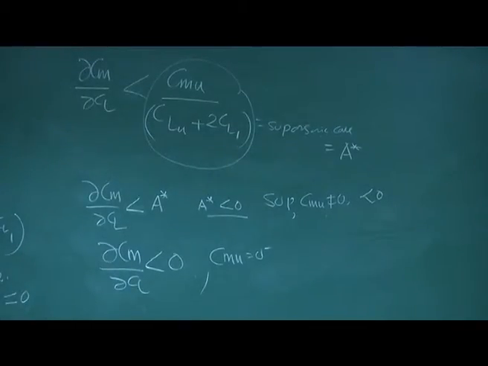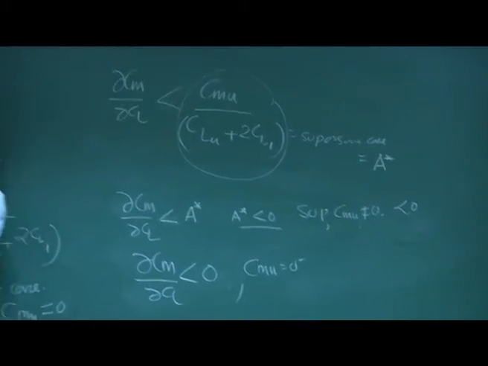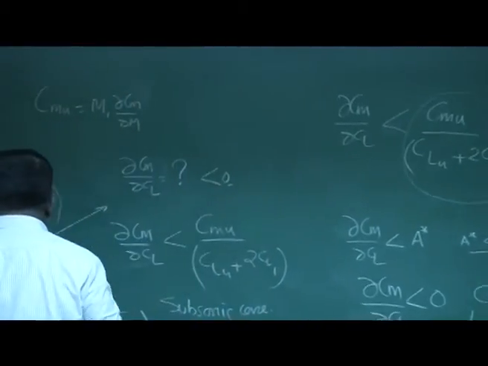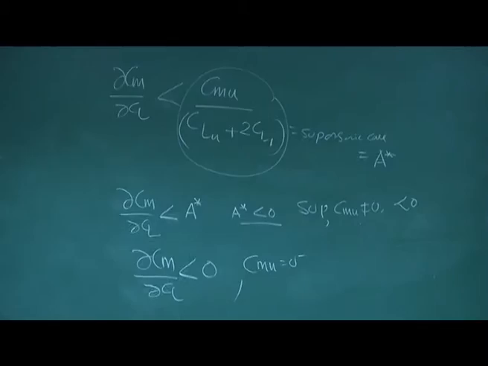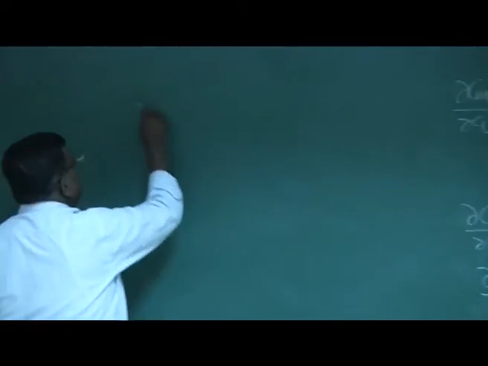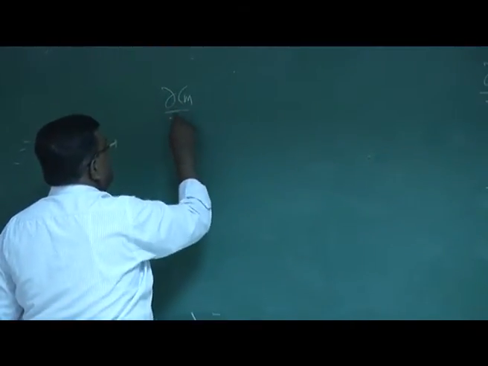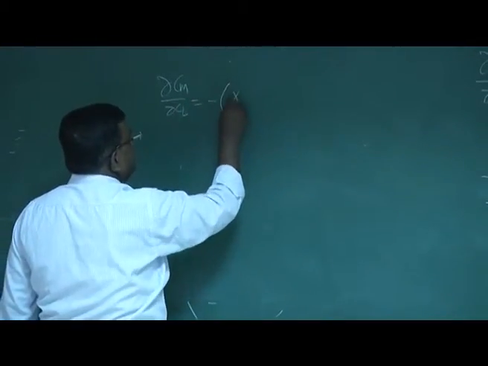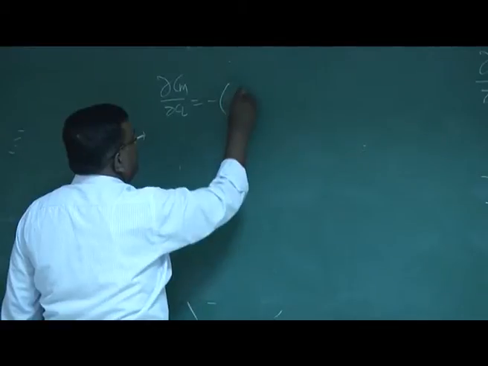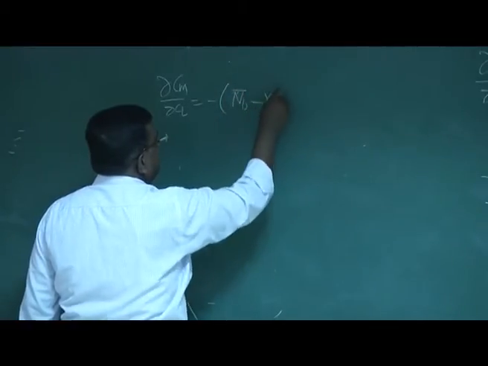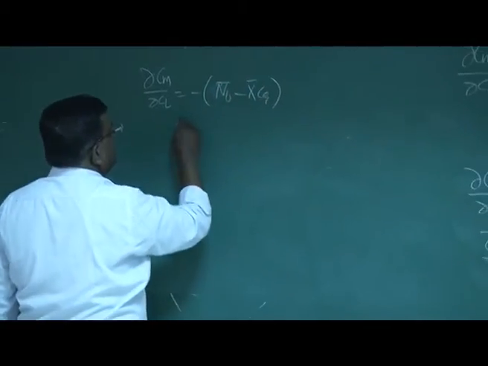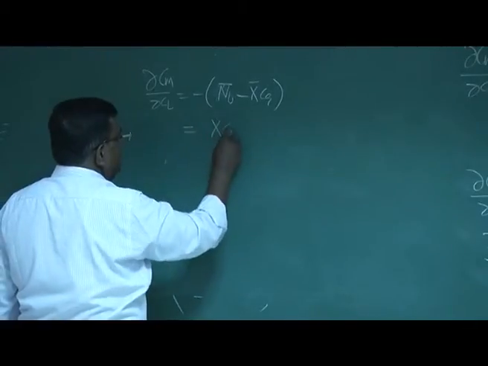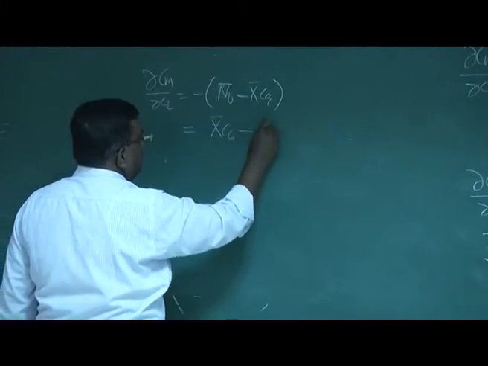What is dCm/dCl? Let me erase this part. We have seen dCm/dCl is nothing but minus the static margin, that is minus the neutral point minus xcg bar, or we can write it as xcg bar minus n0 bar.